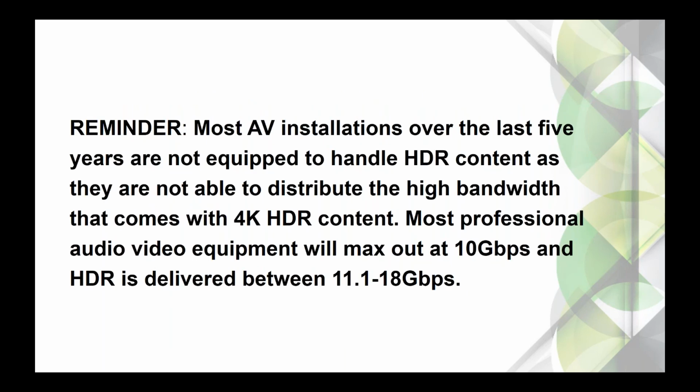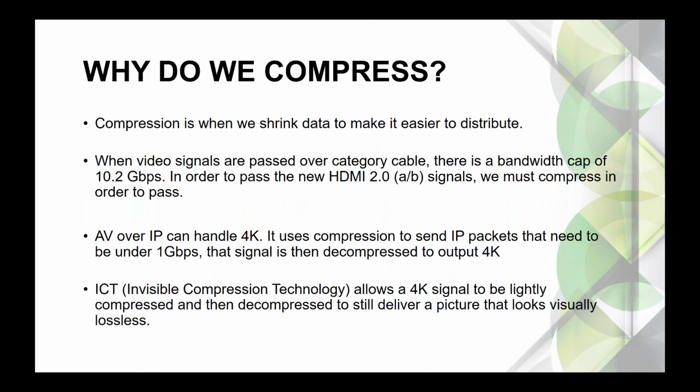Most installations over the last 5 years are not equipped to handle HDR. Most professional audio video equipment maxes out at about 10 gigabits per second of throughput, max bandwidth. That would be your HDBaseT stuff, 10.2. HDR is being delivered now on these devices we looked at in the chart at between 11.1 and 18 gigabits per second.